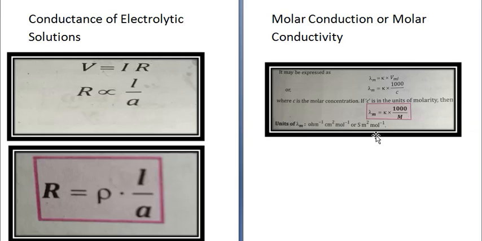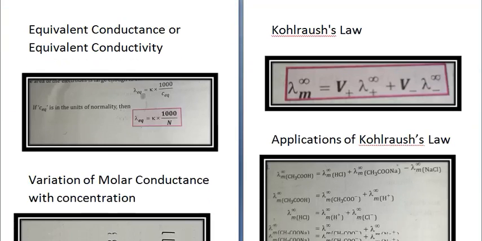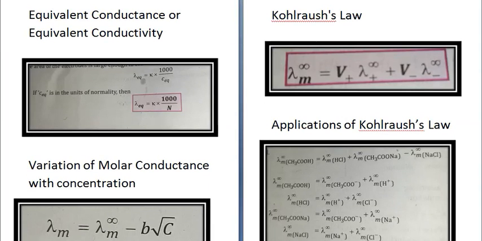Now next is equivalent conductance or equivalent conductivity. This is the conducting power of all the ions produced by dissolving 1 gram equivalent of an electrolyte in V centimeter cube of solution and placing the solution between electrodes which are 1 centimeter apart, and the area of electrode is large enough to contain the whole of the solution.